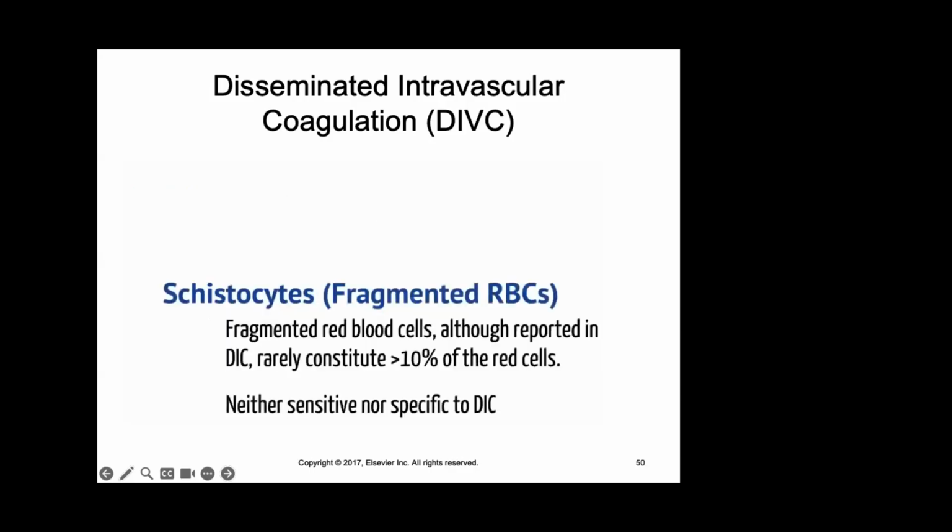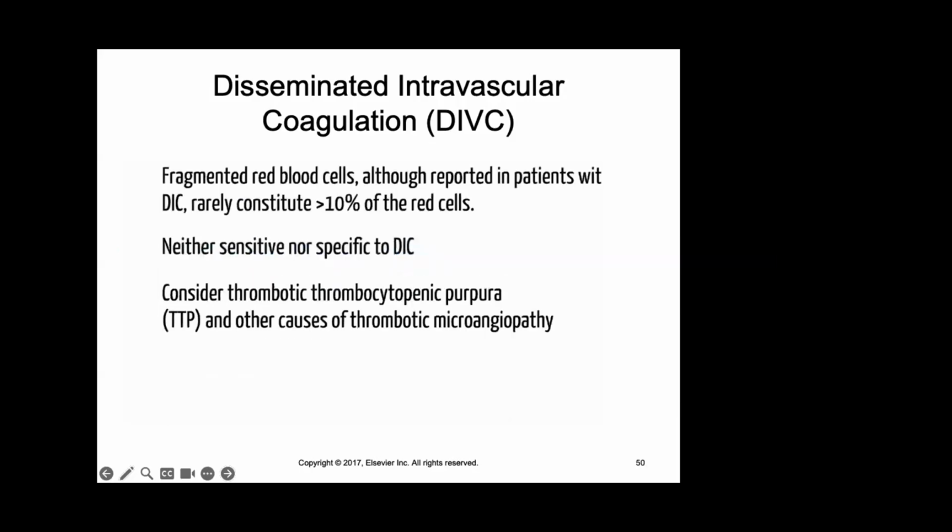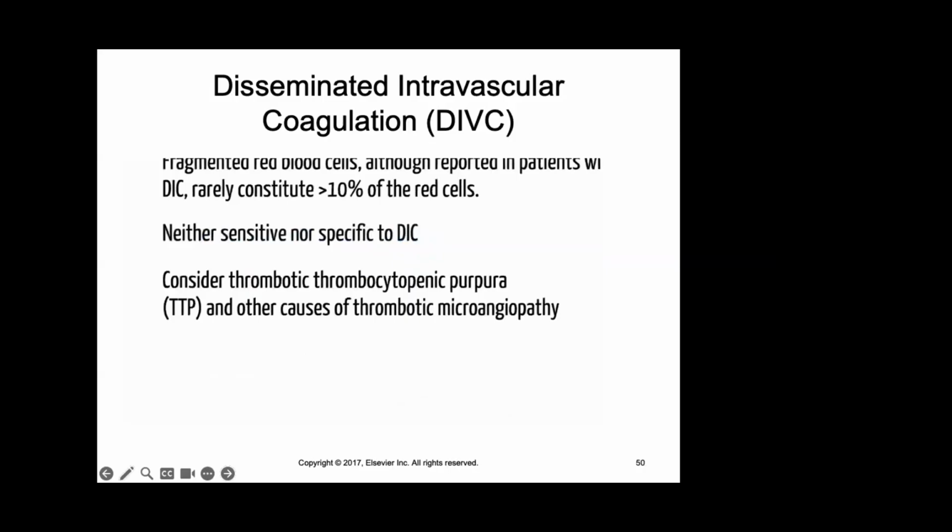Let's talk about schistocytes, which are fragmented RBCs. Fragmented RBCs or schistocytes are reported in patients with DIC, but usually they are only about 10% at the most of red blood cells. Sometimes they can be more. It's not a sensitive or specific finding for DIC because schistocytes are associated with many other disorders, including mechanical heart valves and vasculitides.